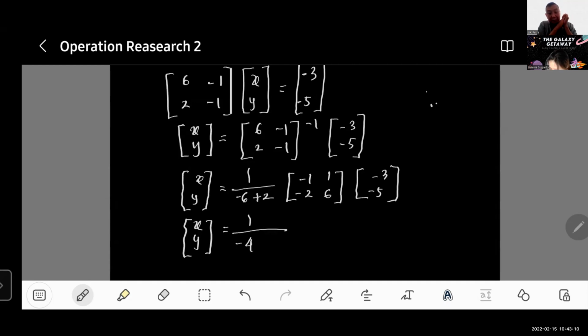It is minus 4. So minus 3 times minus 1 times minus 3, plus 1 multiplied by minus 5. So 3 plus minus 5, so minus 2. And then 6.